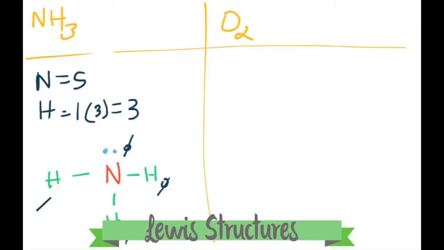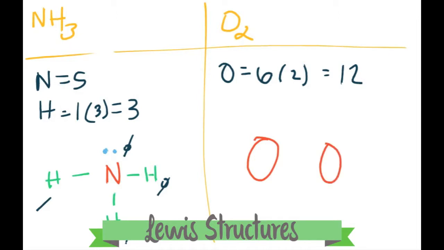Now we will be doing the Lewis structure for the diatomic molecule oxygen. We know that oxygen has 6 valence electrons. However, since it's a diatomic molecule, there are 2 oxygens, which will give us 12 valence electrons in total. We can first start out by drawing 2 oxygens, bonding them together with a single bond. We can then go around adding the valence electrons.